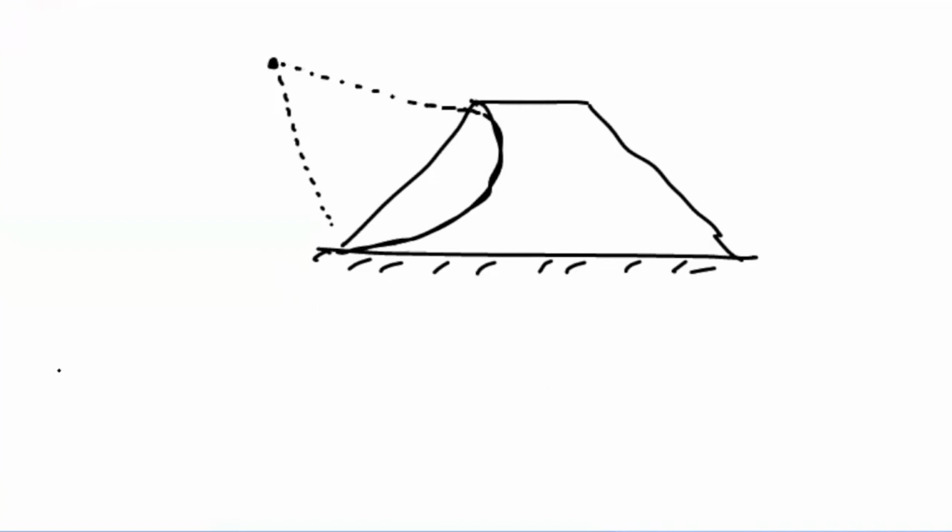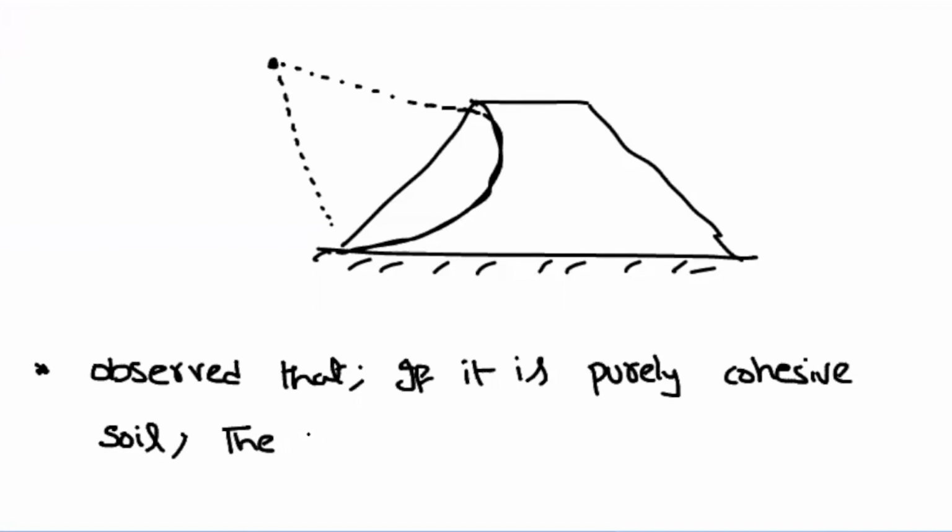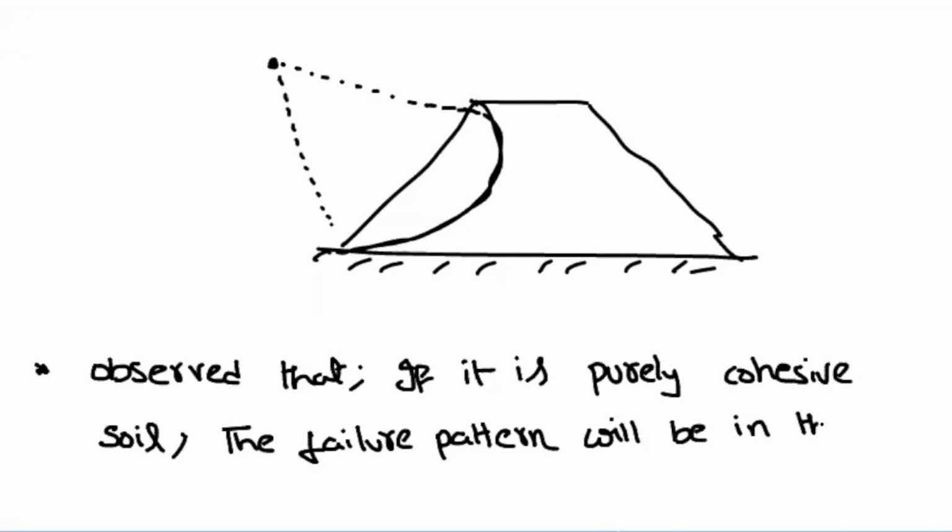Next, it is observed that if an embankment is made of purely cohesive soil, the failure pattern will be in the form of a circular arc.